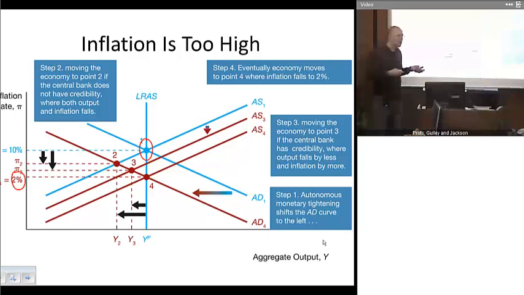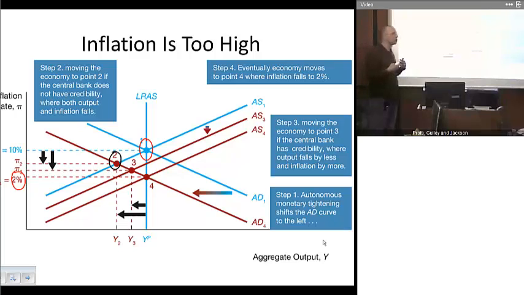Well, lower aggregate demand, however, works to put downward pressure on GDP and income. And so in the short run, we might end up at something like point 2. And so notice that in order to get lower inflation, we've had to pay a price.